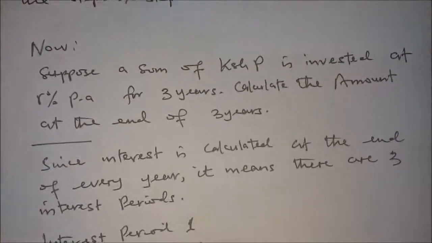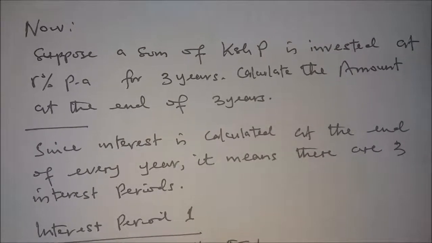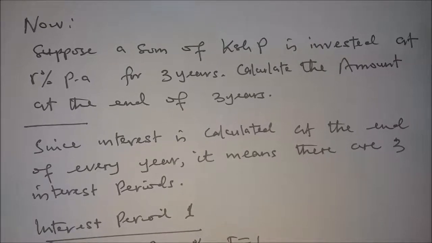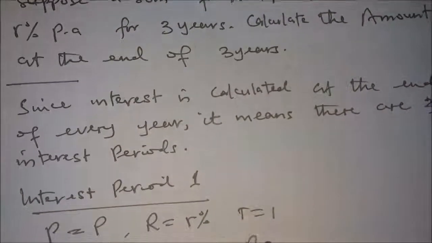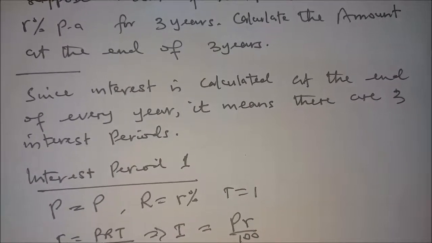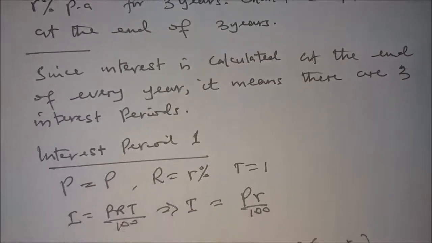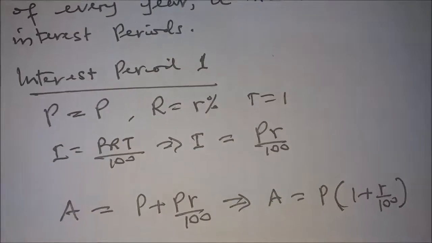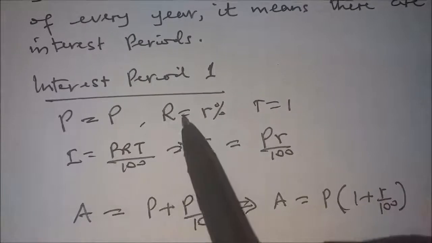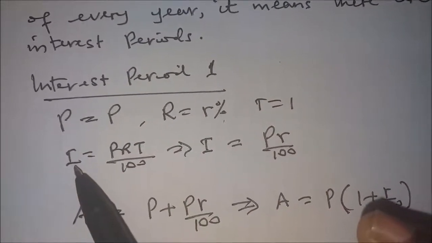Now, suppose a sum of Kenya shillings P is invested at R% per annum for 3 years. Calculate the amount at the end of 3 years. Since interest is calculated at the end of every year, it means there are 3 interest periods. Now, interest period 1, the principal sum is P, the rate is R%. What is the interest? We apply the simple interest formula.